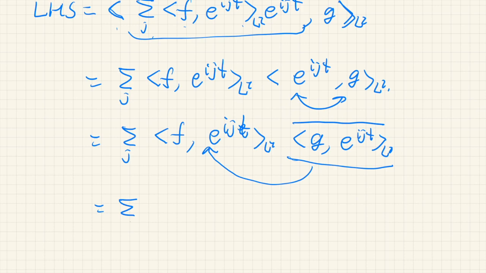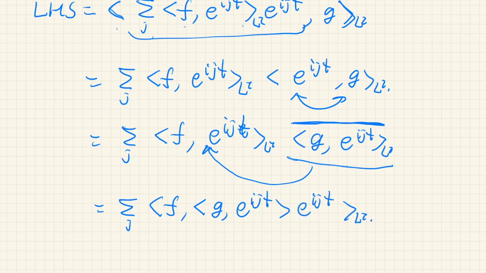Okay. Now let's put this constant inside this bracket on the second place. And we have f, and so if we put a complex number into the second place, then we take the complex conjugate of that number. So we already have this bar here, so we have a double bar, which means we just get rid of this bar here. So we have the inner product of g with e^{ijt} times exponential of ijt here, as this.